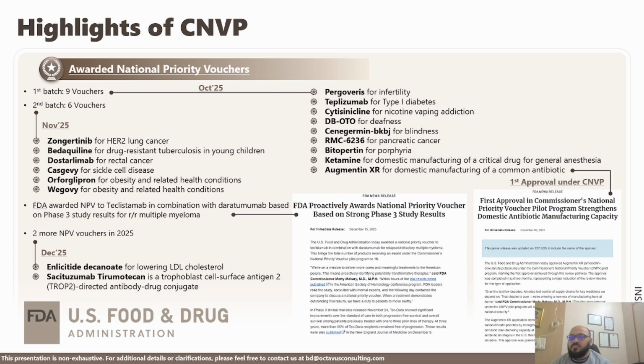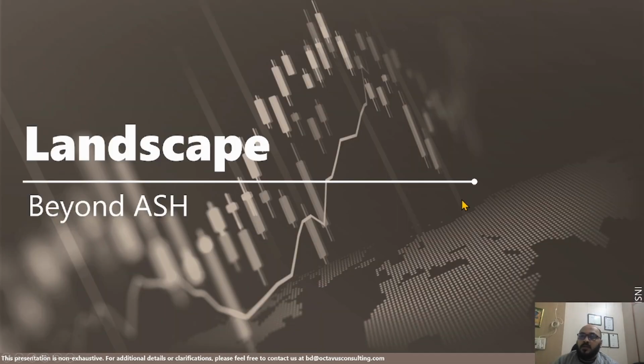Oncology, obviously, has a chunk of the designation vouchers. But again, this is not oncology specific, though the first molecule getting approval is for oncology, and the first voucher released was for an antibiotic drug, because of the manufacturing capability introduction in the US. So this was till now.